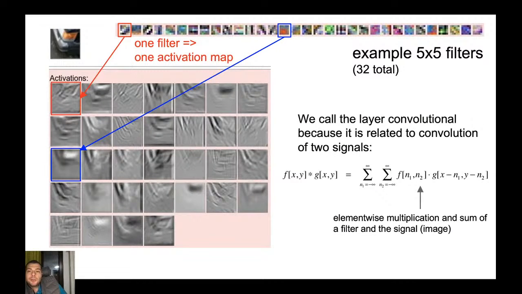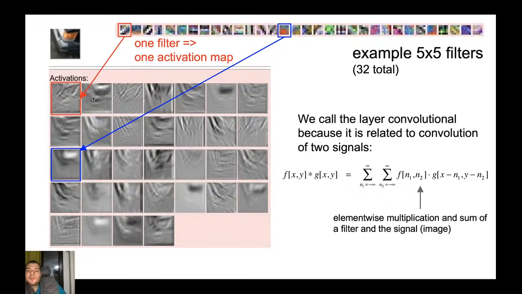And here we see some examples. This is an input image, some filters that are learned from the data, and the corresponding activation maps. The activation maps emphasize the patterns of the filter. So if the input image correlates well to the shape of the filter, we will see higher activations here.